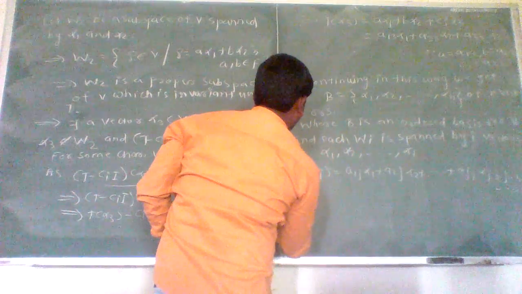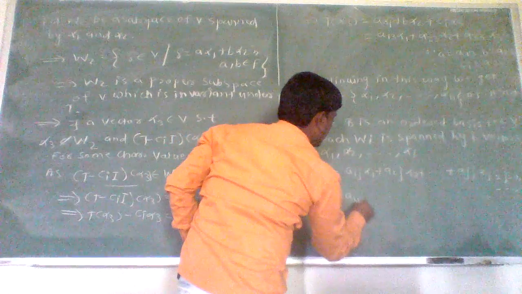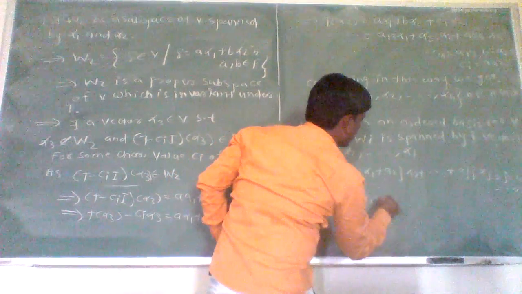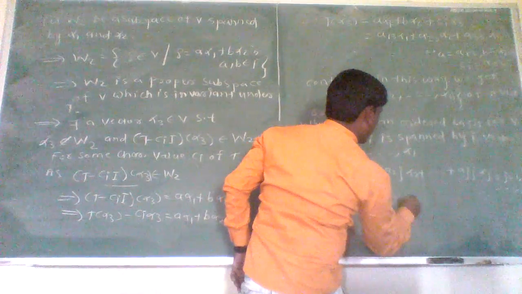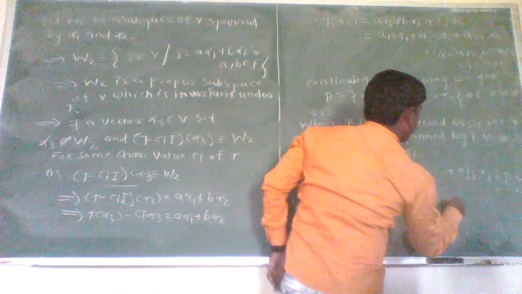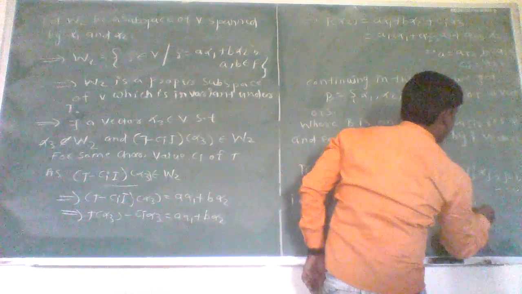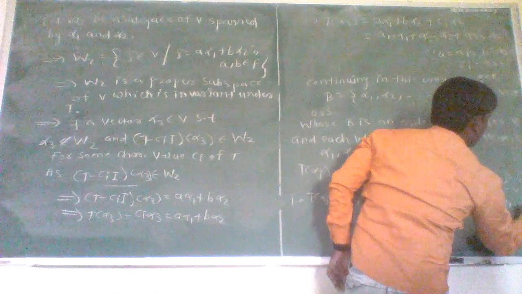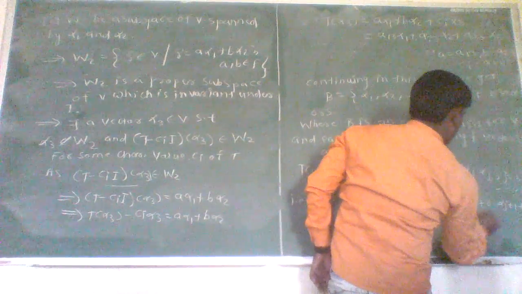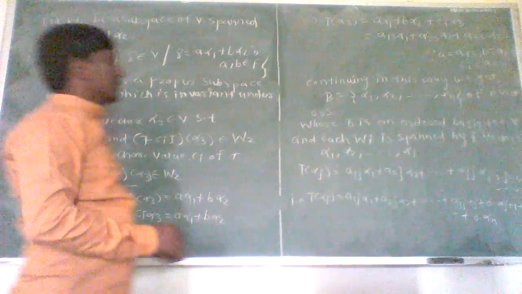That is, any T of alpha j can be written as A1j alpha 1 plus A2j alpha 2 plus up to so on Ajj alpha j plus 0 into alpha j plus 1 plus up to so on plus 0 into alpha n, where j is running from 1 to n.